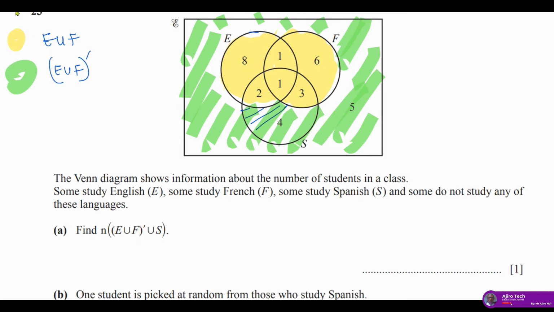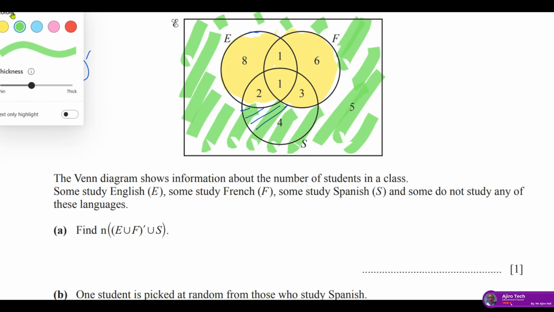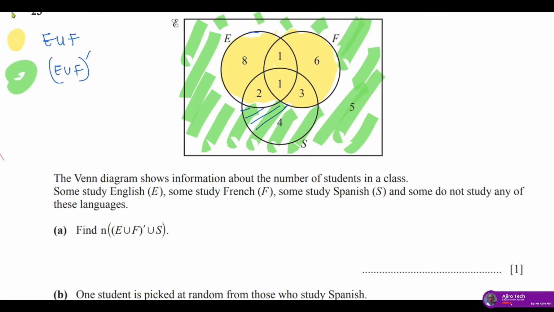Okay? Now, this one here is E union F prime, union S. Okay.